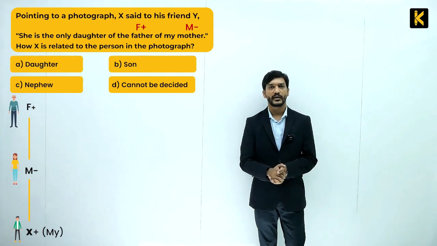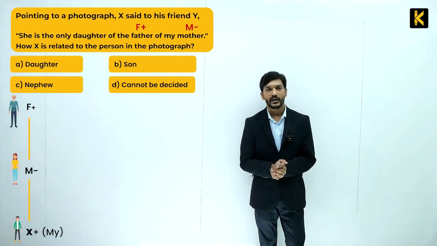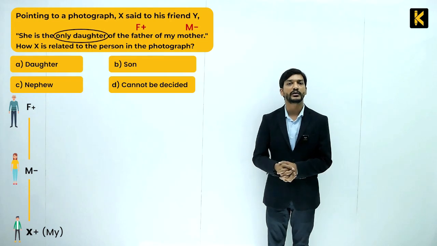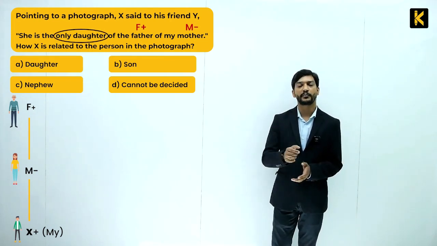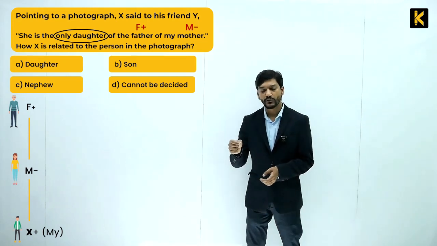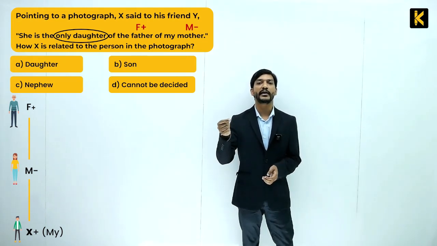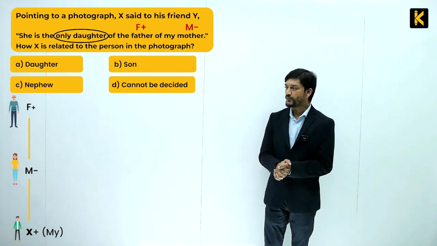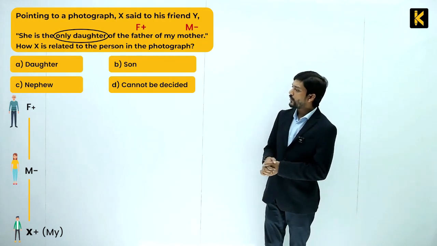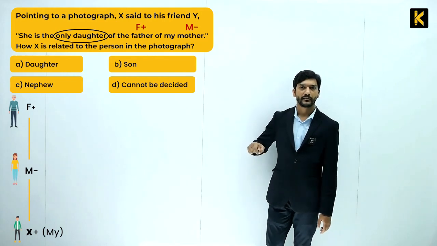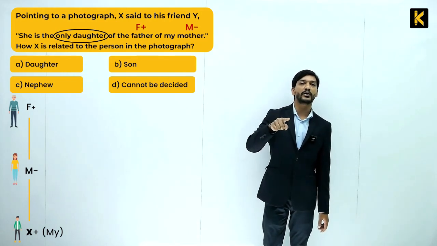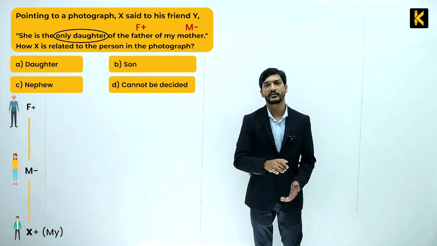Now go back in the statement. Now it is mentioned only daughter of the father, and father means F plus. So now you have to draw only daughter of F plus. If you carefully see, already there is one daughter of F plus which is M minus, and the question is saying only daughter of F plus.